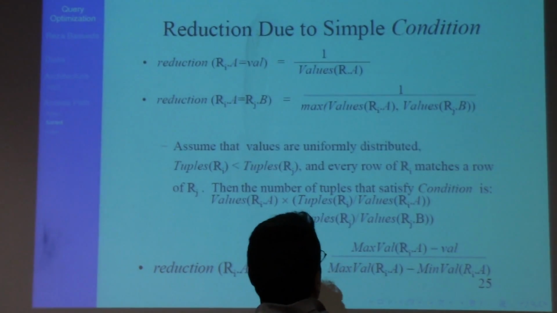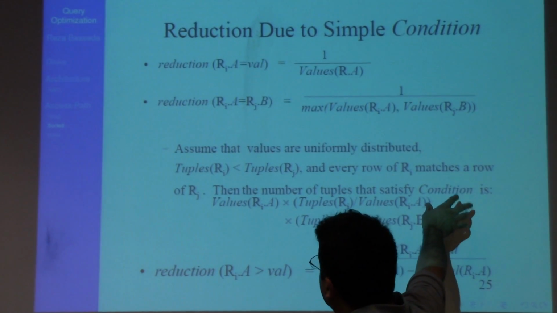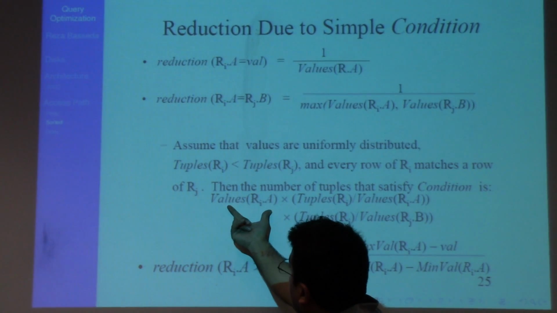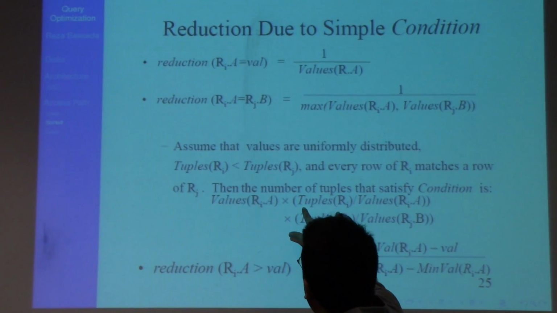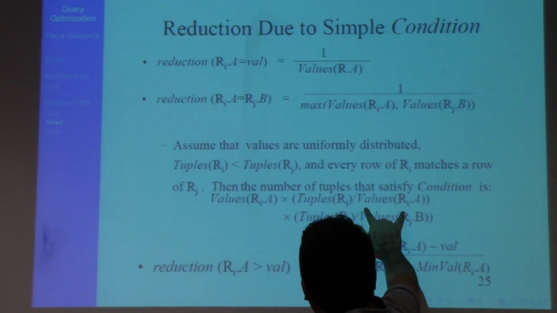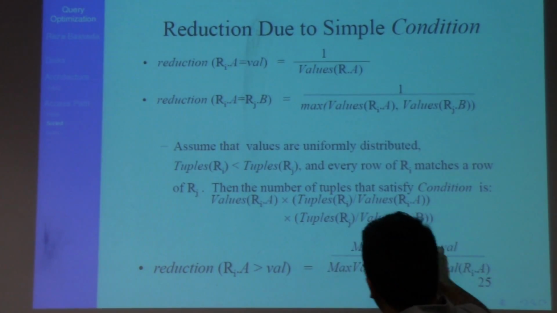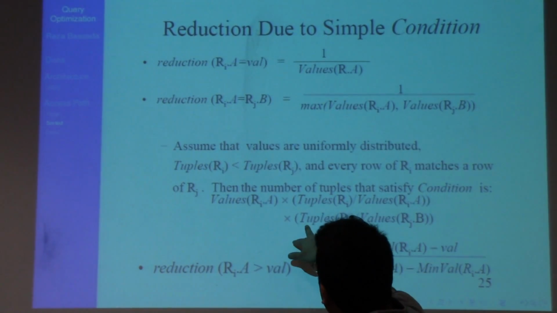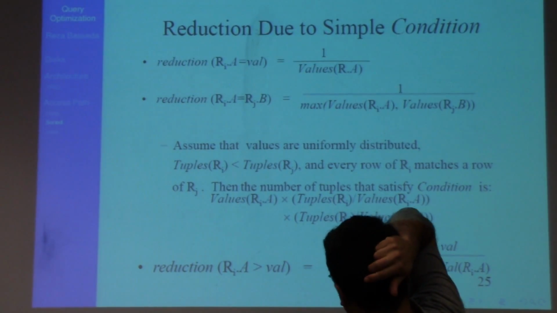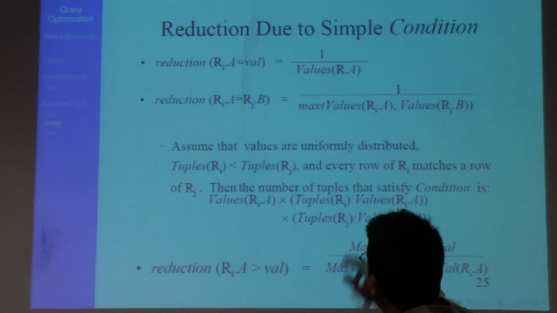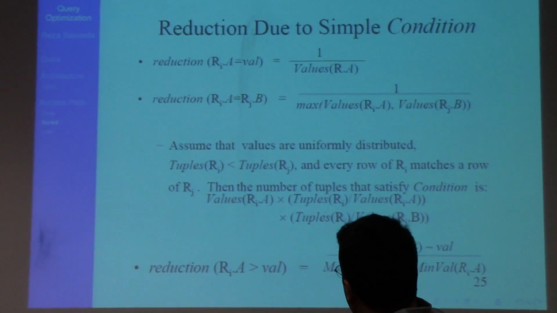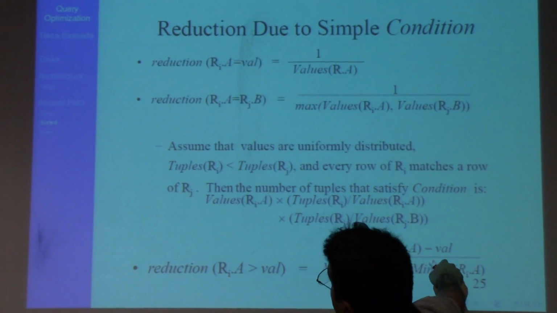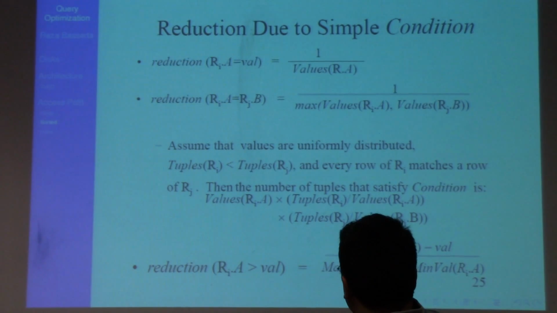The number of tuples satisfying the condition will be the number of tuples of Ri over the number of values of Ri.A, multiplied by the tuples of Rj over the values of Rj.B. So the reduction factor will be the maximum value. What is the maximum value minus this value?